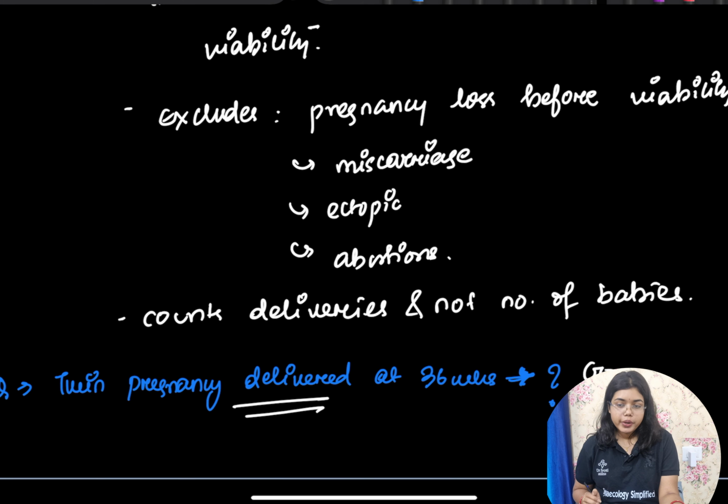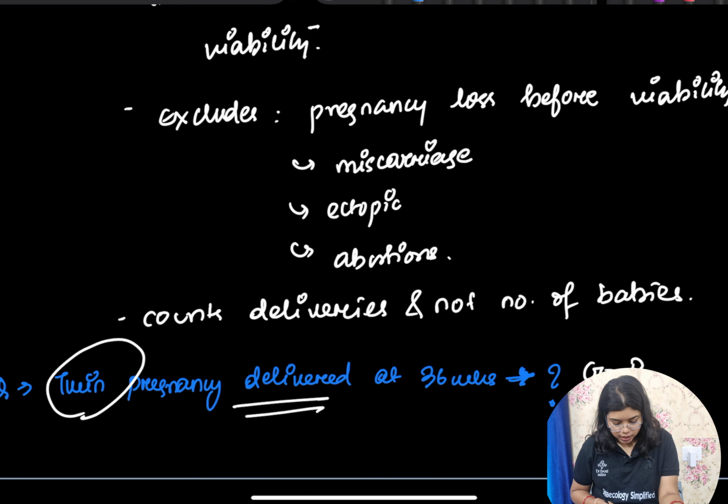As she has already delivered, gravida will be 0, meaning now she is not pregnant. As the previous pregnancy is not mentioned, we can write para 1, because for twins we don't write para 2. Para 1 is the number of pregnancies, and we are counting pregnancies.